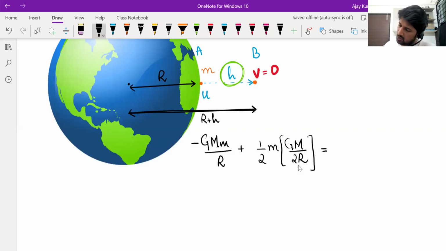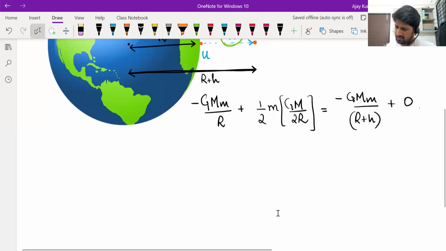So the final potential energy is minus GMm by r plus h. And there the particle is assumed to come to rest. It rises, but as it rises, it slows down and stops somewhere. That is the maximum height.